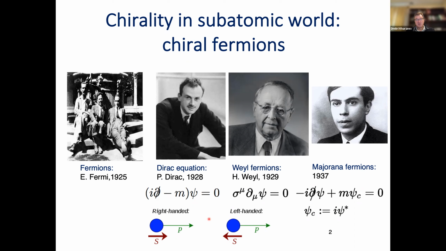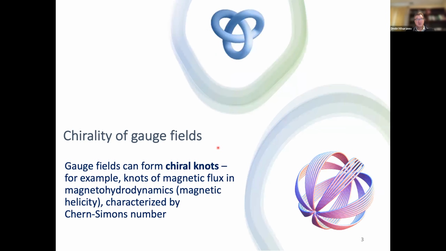So, of course, as everyone knows, helicity in the case of quarks is projection of spin on momentum, and chirality coincides with helicity for fermions and is equal to minus helicity for antifermions. So now, what is chirality in the form of gauge fields? Well, the easiest way to think about it is to think in terms of magnetohydrodynamics. Suppose you have a medium with a very high electric conductivity.